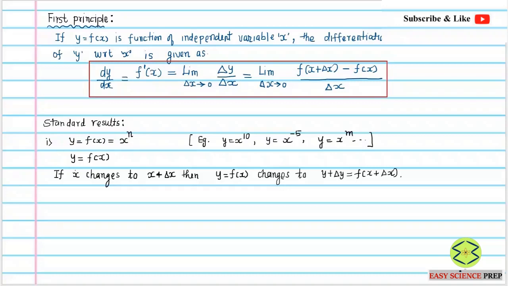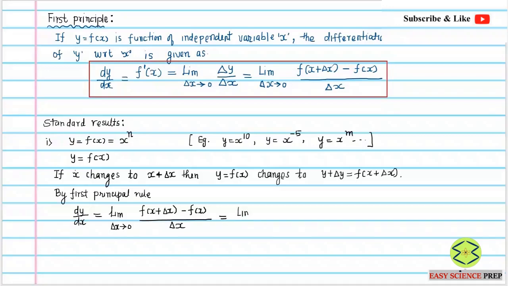Therefore, by the first principle rule or by definition, we can write dy by dx equal to the limit delta x tends to 0 of f of x plus delta x minus f of x, divided by delta x. Very simple rule, and let us substitute the values.